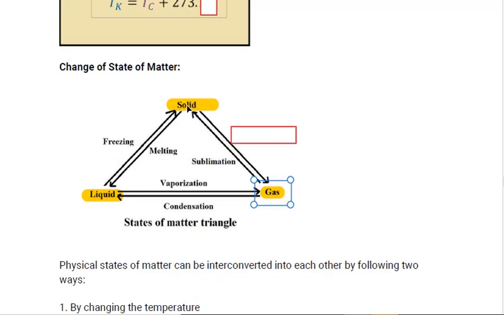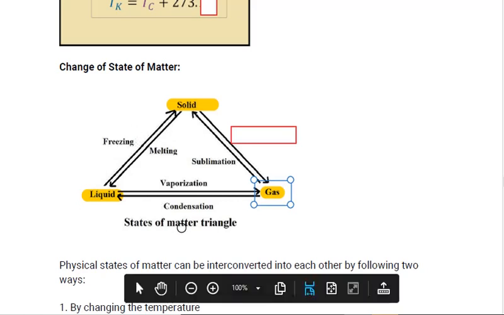If we have ice, after heating it will melt and change into liquid, again with more heating it will change into vapor and turn into gas. Again gas cools down, then it will condense and turn into liquid, again this liquid freezes. Suppose you put water in your freezer, it easily turns into solid. So these are general rough ideas.